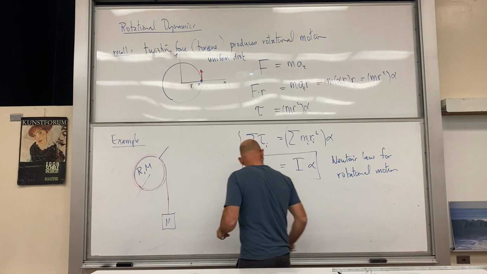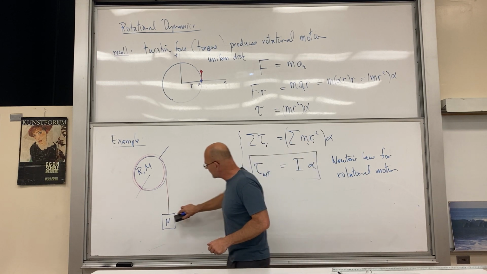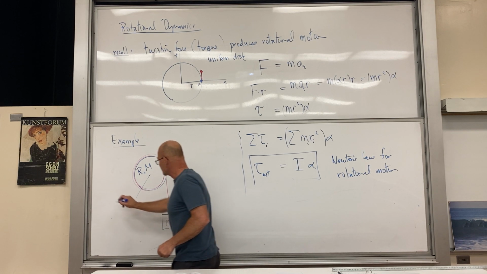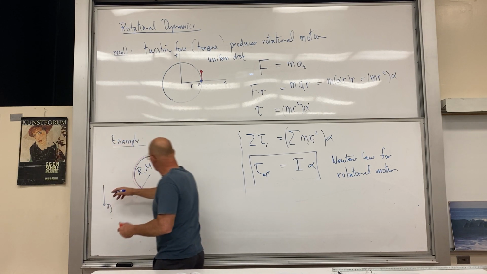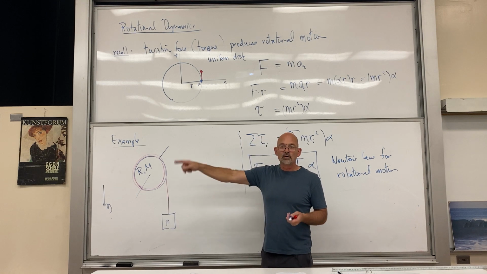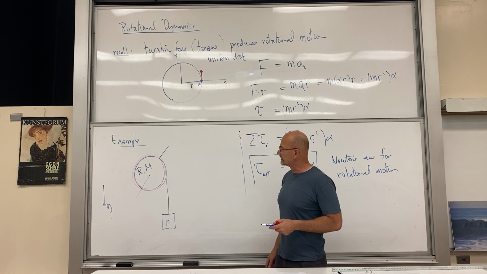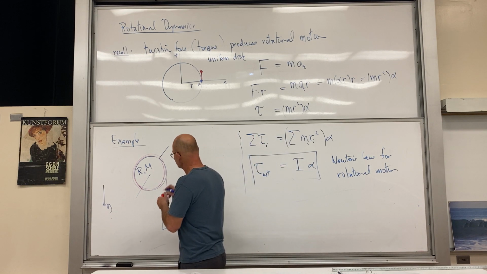And we need to call it a different mass, so we'll use lowercase m. Lowercase m. And gravity is pointing down. There's the axle, and this thing is just unwinding, kind of like a yo-yo would unwind. Not quite the same.